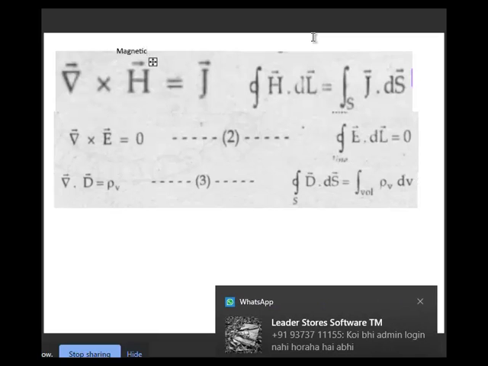This H is magnetic field intensity, then this E is electric field intensity, then D is displacement density.